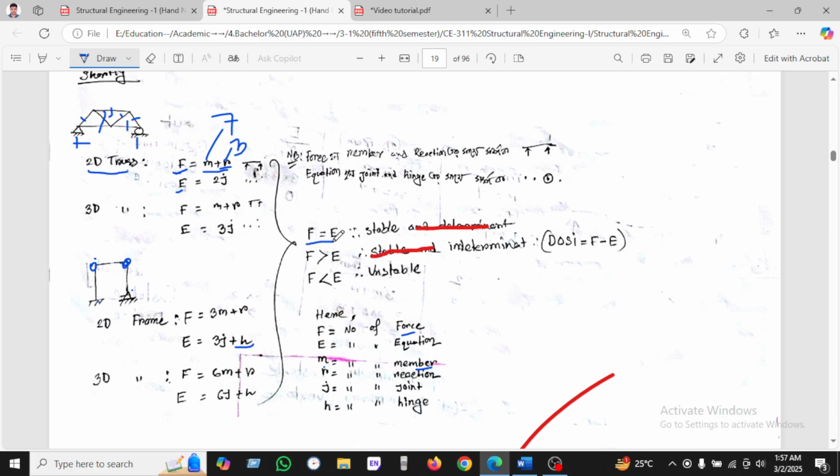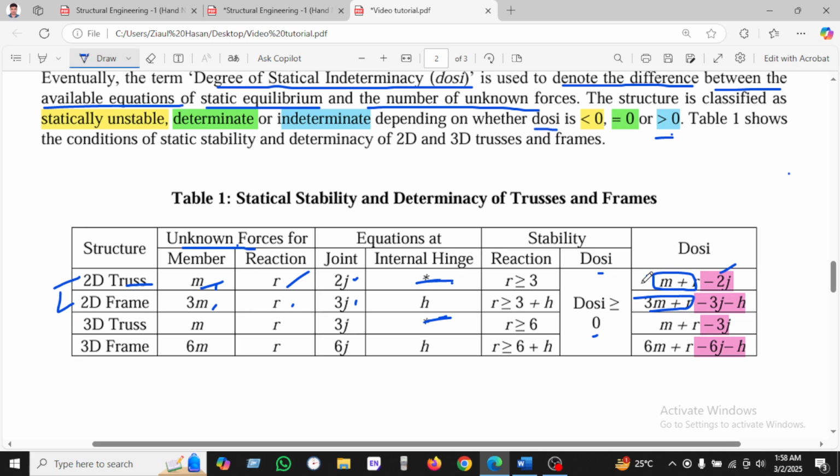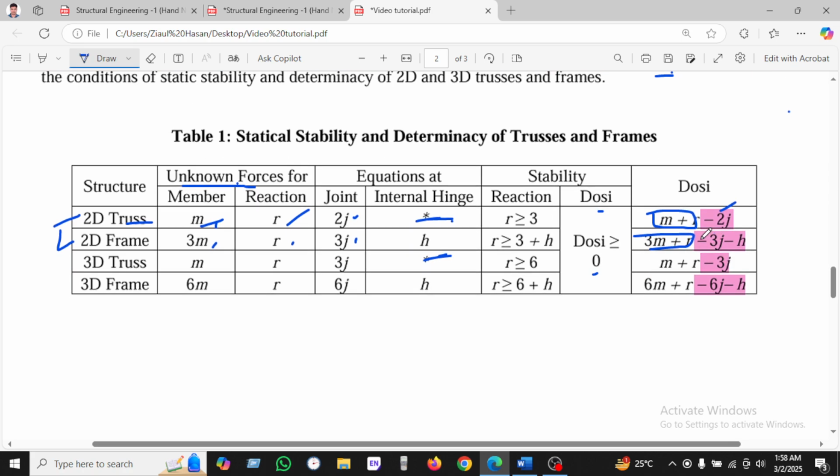When force and equation are equal, then we can say the member is stable. That means this force and this force difference is zero, then we can say it is stable.